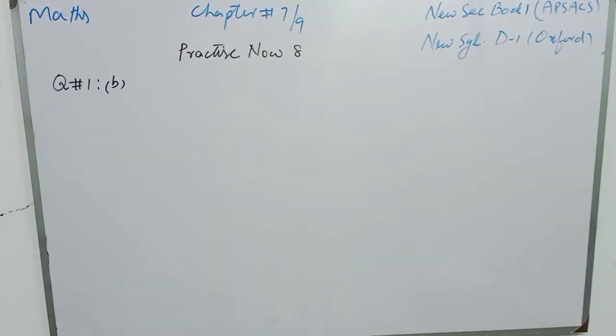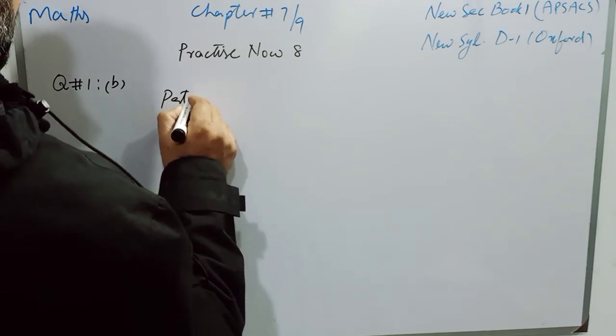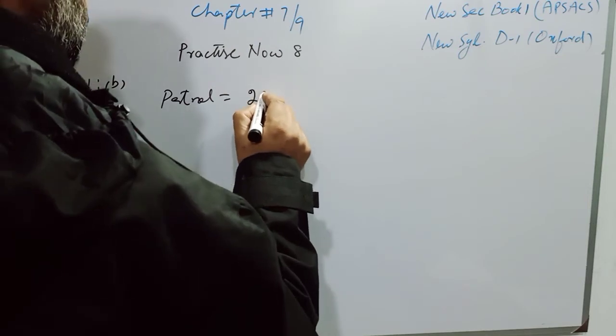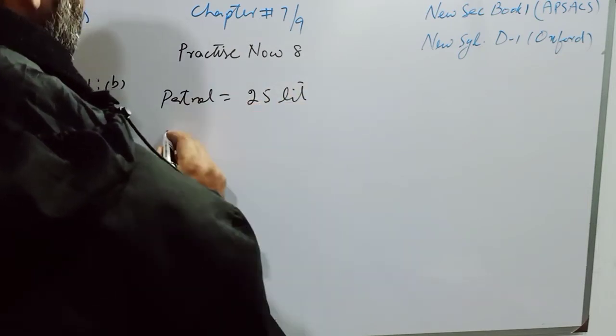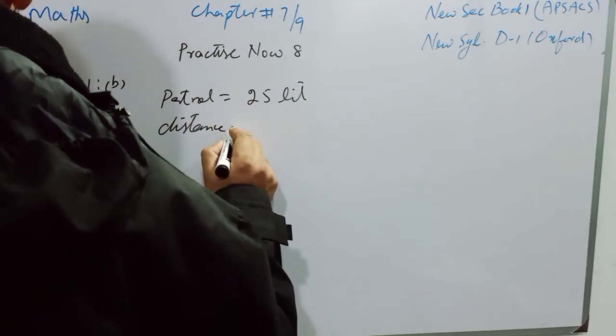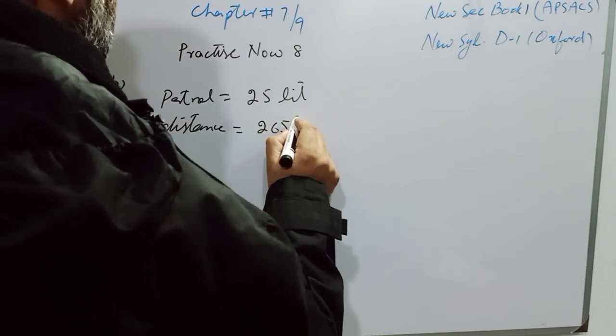Students, B part is a car requires 25 liters of petrol to travel a distance of 265 kilometers. Petrol, students, is equal to 25 liters and distance is equal to 265 kilometers.